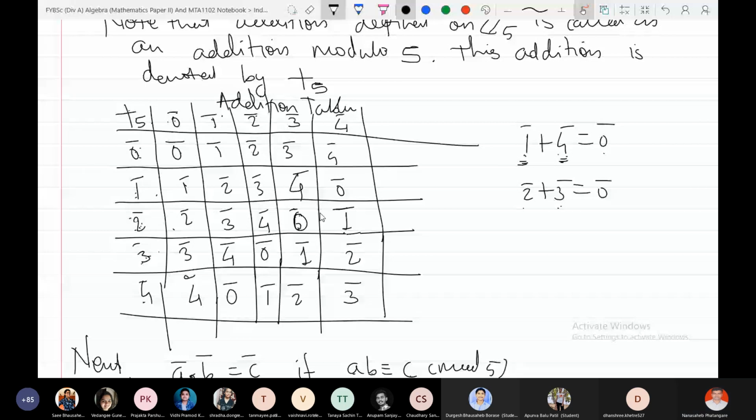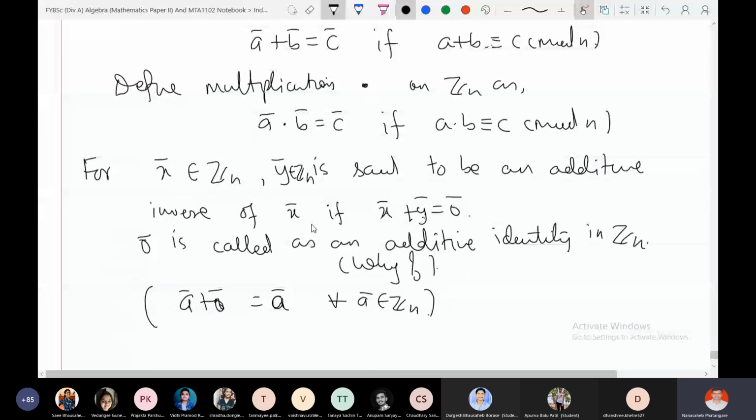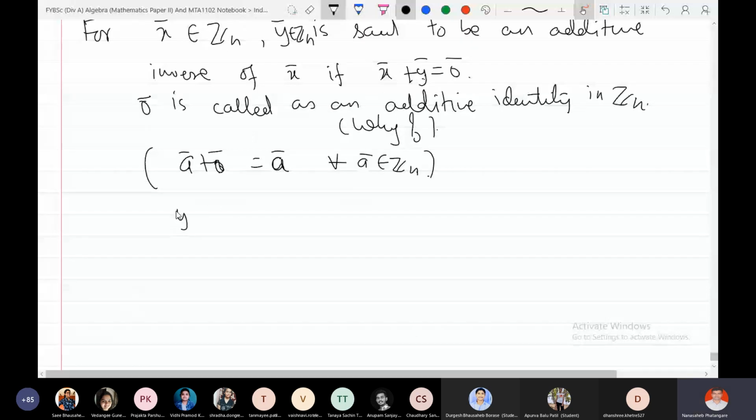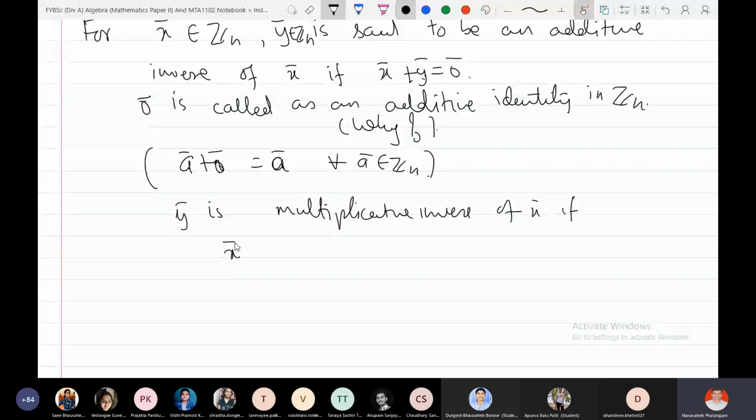Similarly, what is a multiplicative inverse? y bar is a multiplicative inverse of x bar if x bar dot y bar is 1 bar, because 1 bar is the multiplicative identity in Zn.